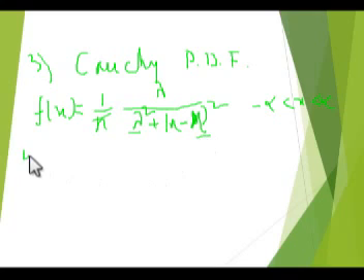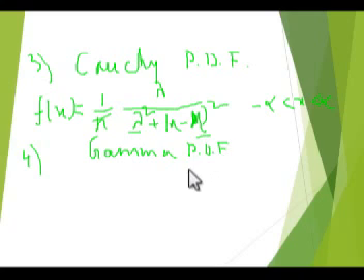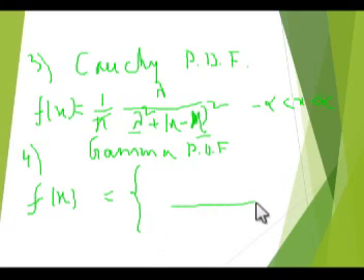And one more distribution, the gamma distribution. The gamma probability density function f(x) is equal to e to the power minus x, x to the power l minus 1, divided by the gamma function gamma l.